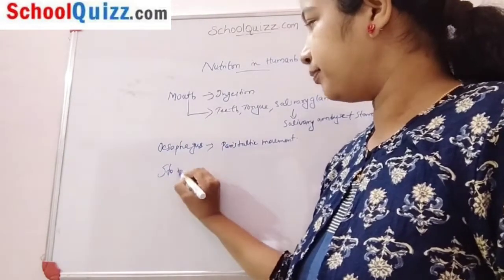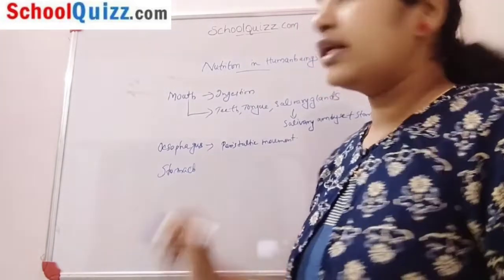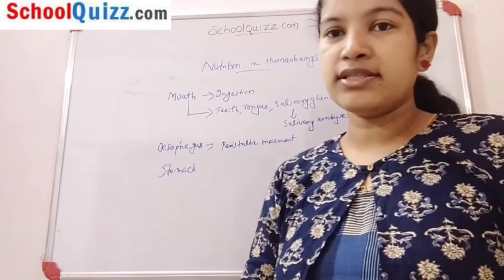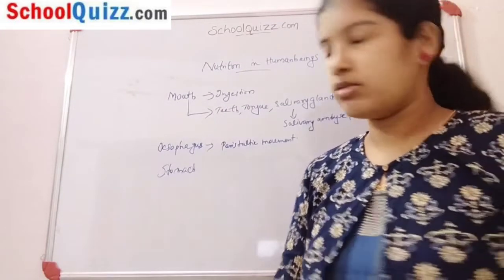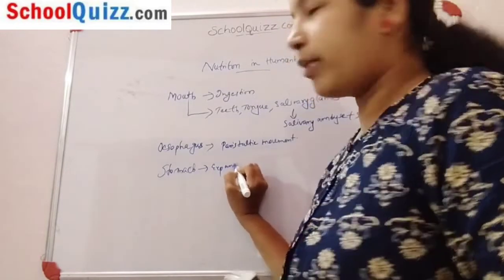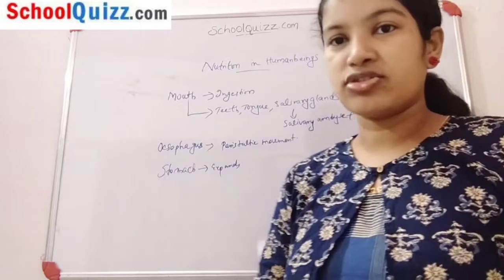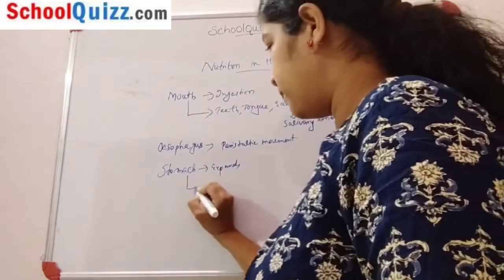Now the stomach. It is an organ which expands when food enters it. In the stomach we have gastric juices.